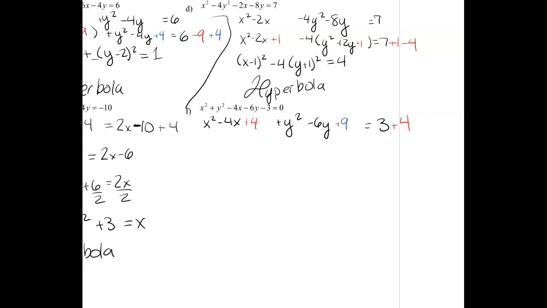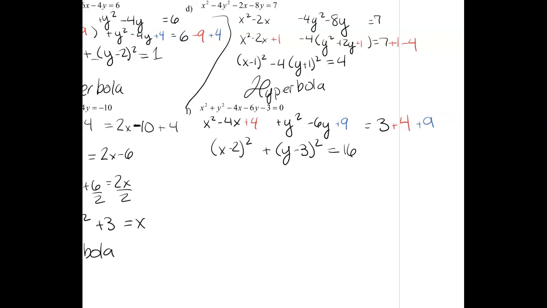Since I added 9 to this side, I also have to add 9 to the right-hand side. Alright, from here, all I got to do is clean this up. So I've got (x minus 2) squared plus (y minus 3) squared. And then suddenly, all of that is going to be equal to 16.